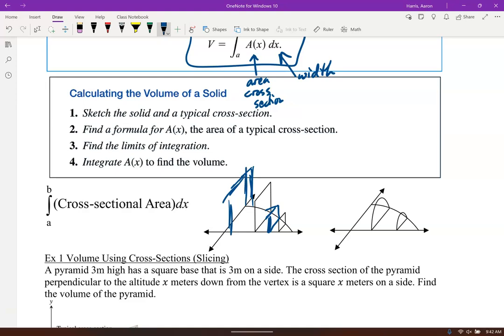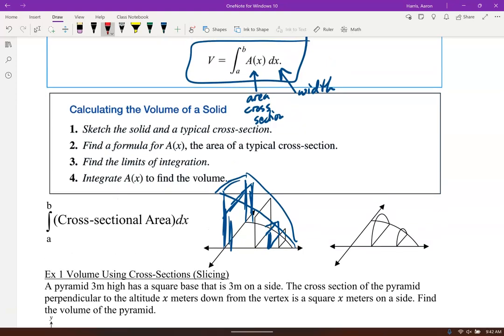It would go clear to the end. That would be our last one right here, and it kind of comes down. It's a very poor drawing, but we could find that volume, and we would use the area of a square as the cross section. That would be our A of x part right up here.